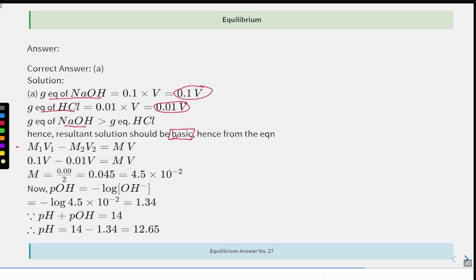So then we come to this particular equation. Once we solve this equation, we will get the final value, which is going to be our final concentration.